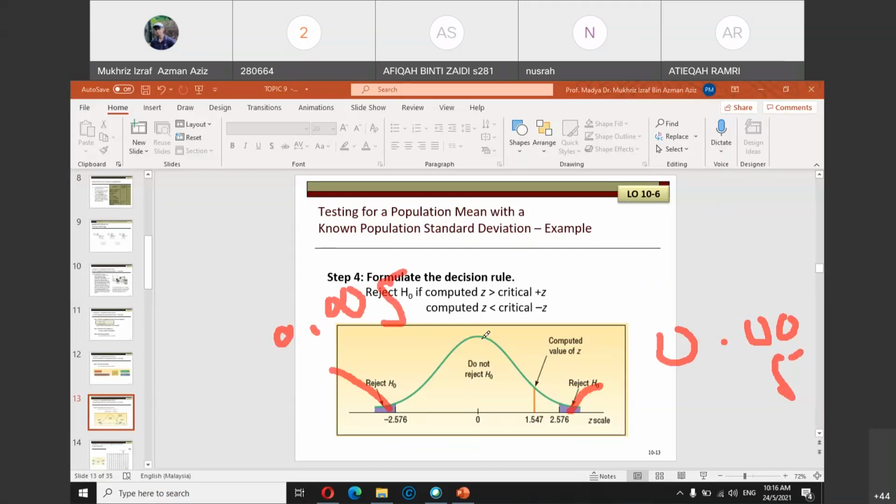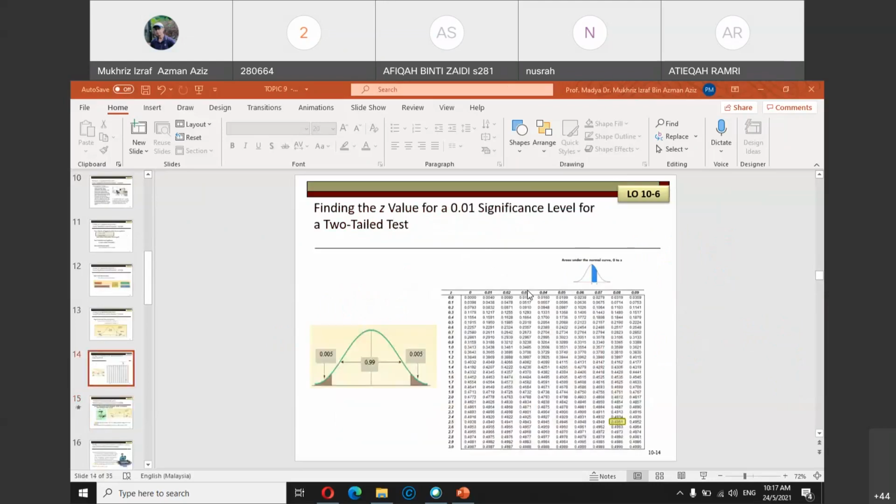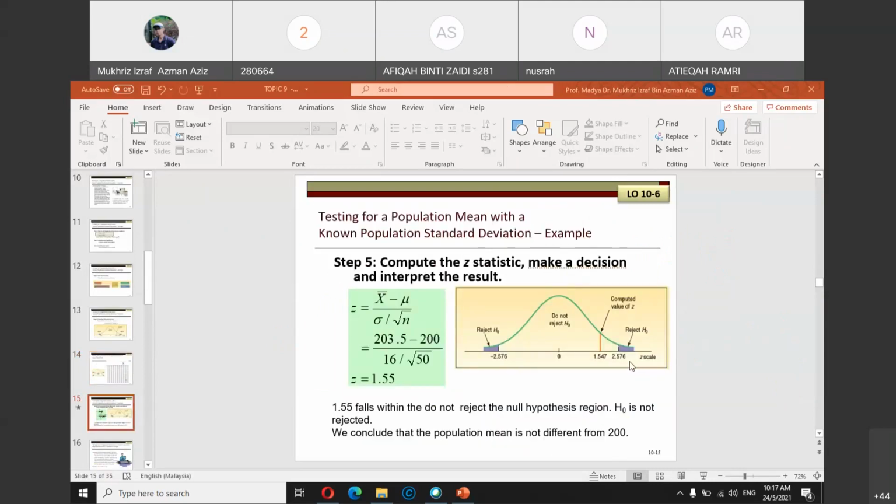That will leave you with this remaining area of 0.495, because we know that the distribution is symmetrical, so half side will be 0.5. If this tail on the right is 0.005, the remaining will be 0.495. If you are using the Z table, for 0.495 you check in the table, the closest one will be 2.58. Of course, in the slide it shows 2.576, but you can use 2.58 as the critical value.